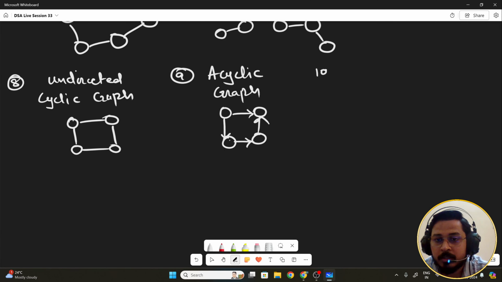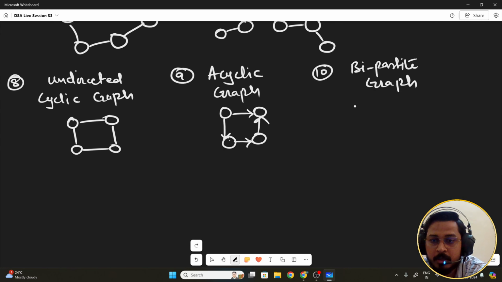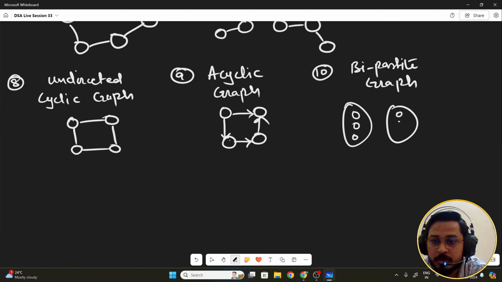Okay. Then we have something called a bipartite graph, where there are two groups, and there are some nodes in both the groups. The funda is that they can connect with the other group's nodes, but they cannot connect with their own group's nodes.